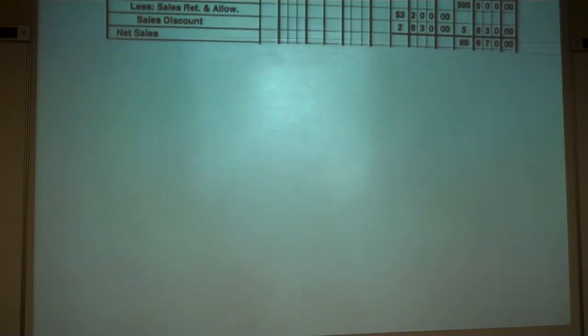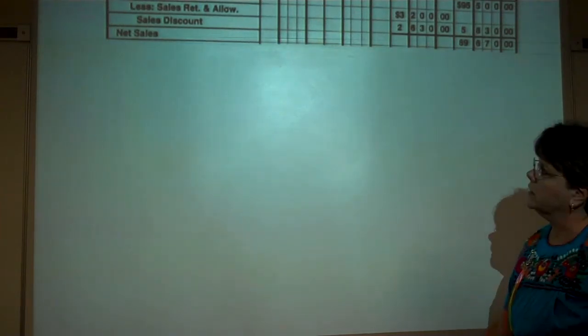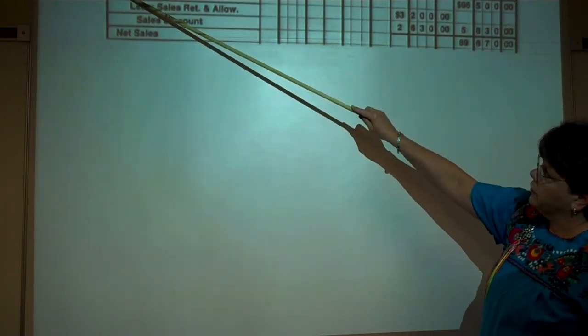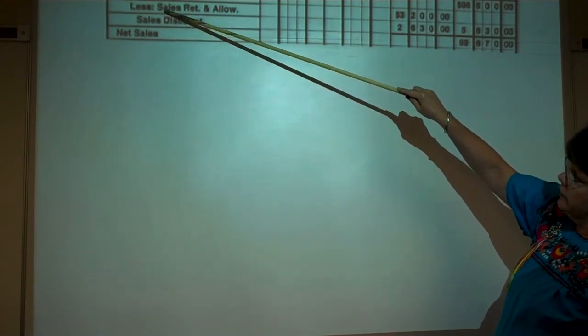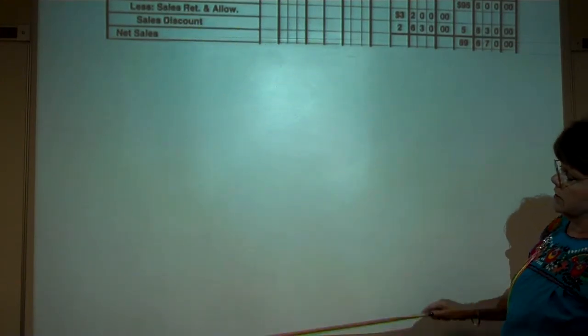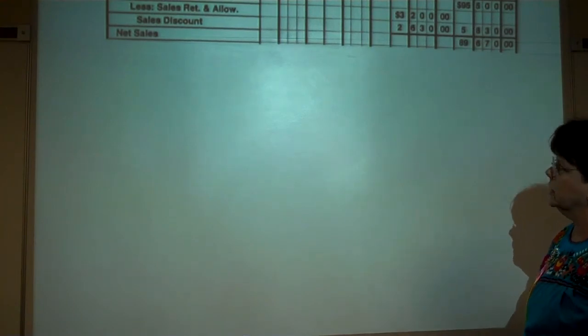That's our gross sales. We have two things that we need to subtract: sales returns and allowances and sales discount. I would like to see the "less" lined up with the gross sales, and then I probably would have brought that one over here to line up. Sales discount and sales returns and allowances.